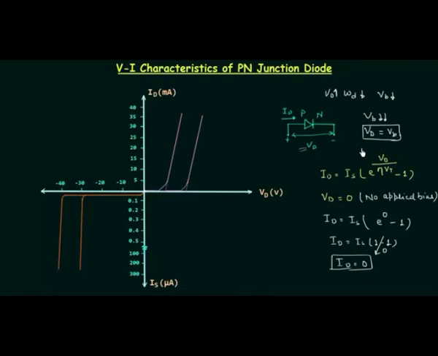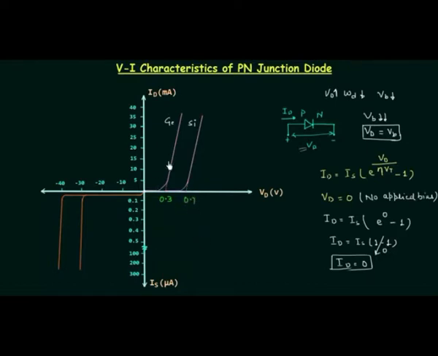There is a flood of electrons crossing the junction and we have a rapid increase in current, as you can see here. This is the plot of germanium and this is the plot for silicon. In case of germanium, barrier potential is 0.3 volts, and in case of silicon, barrier potential is 0.7 volts.